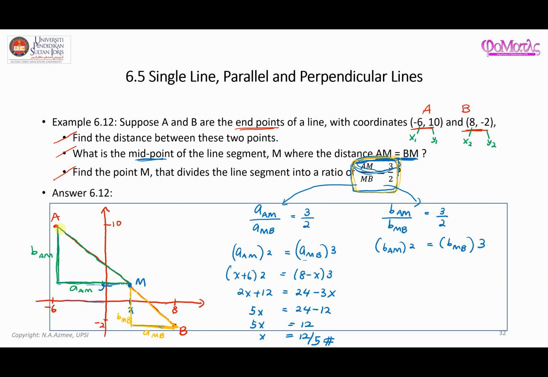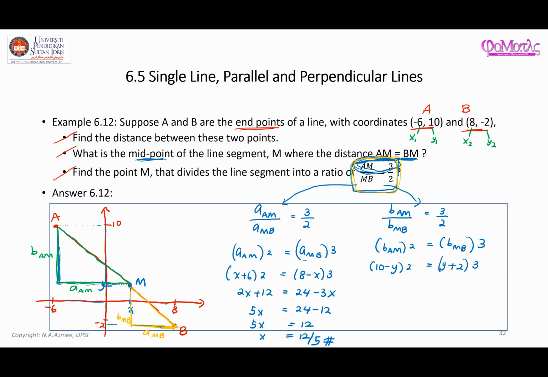And the length of B for MB, so this is B for MB. This is the length, which can be obtained by having Y minus negative 2. So this is the endpoint here. Y minus negative 2 will give you the length of B for MB. So Y minus negative 2 becomes Y plus 2.